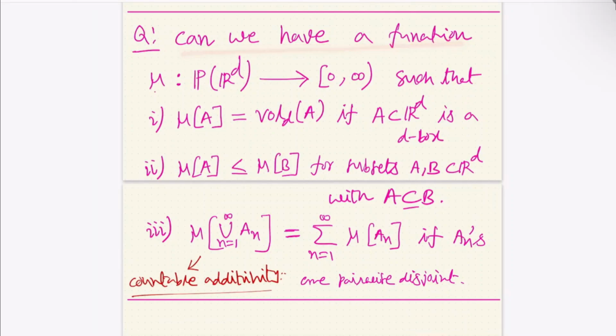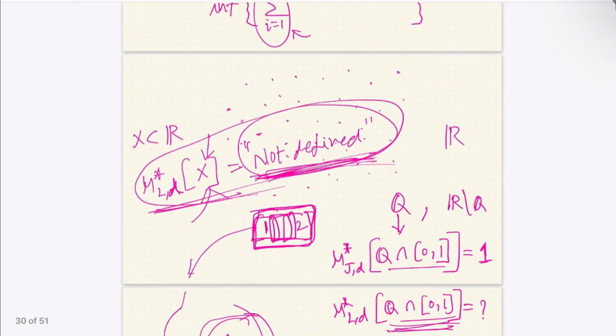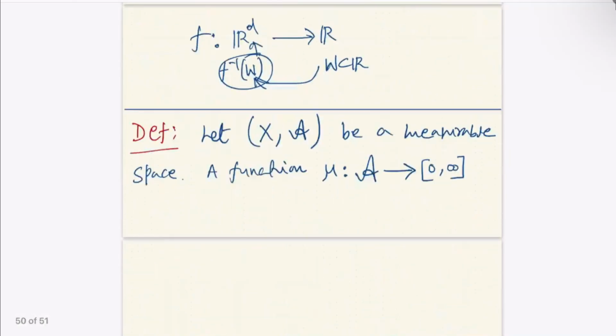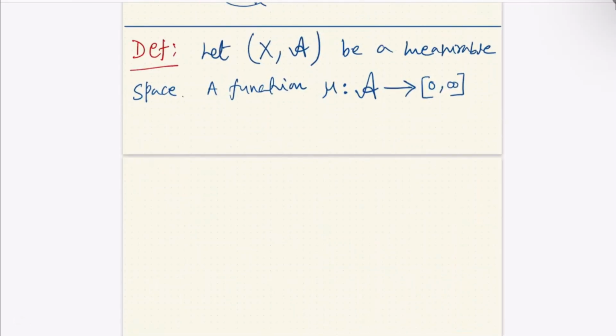Can we define a function mu from the power set of RD to 0 to infinity such that all the very nice measure properties are satisfied: the measure of a set must be the volume of a D box, and if A is a subset of B, then measure of A is less than or equal to measure of B, and if you have a union of pairwise disjoint sets, then the measure of those unions must be equal to the sum of their individual ones. Can we have such a mu? Now the definition is formalizing that question into a form of definition.